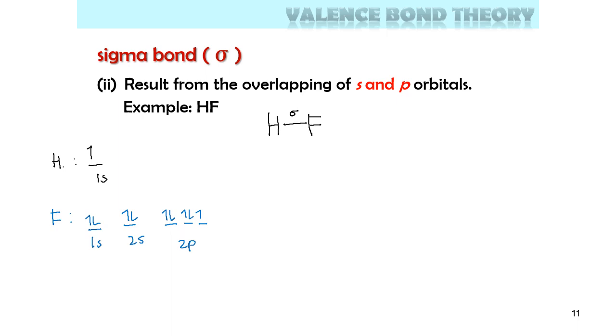Since overlapping will involve the valence electron, you use the technique that I asked you. Draw the curve to separate the first shell and then the outermost shell. So your valence electron is in 2s and 2p orbital. You have 7 valence electron.